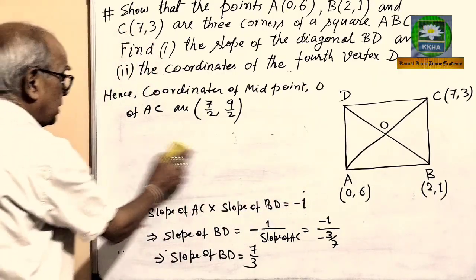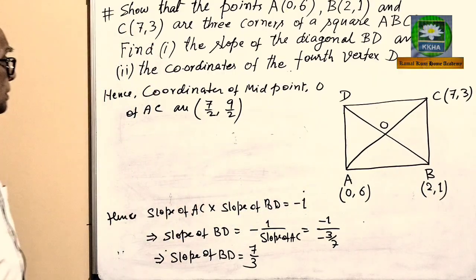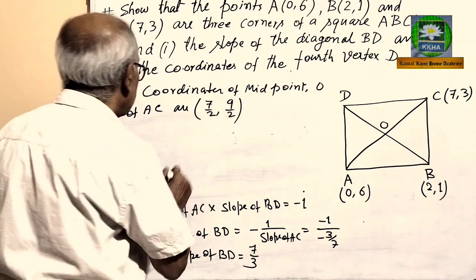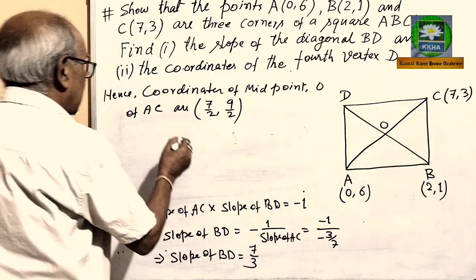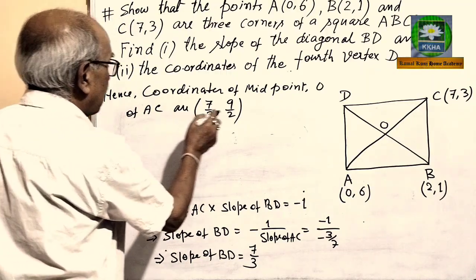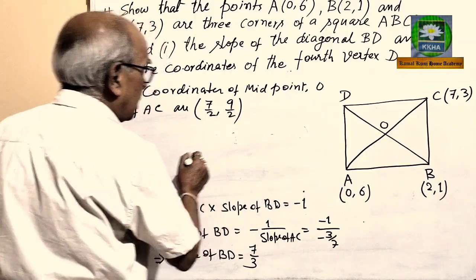Now second question is coordinates of the fourth vertex. We find the coordinates of point D. Now we have already found the coordinates of midpoint of AC.